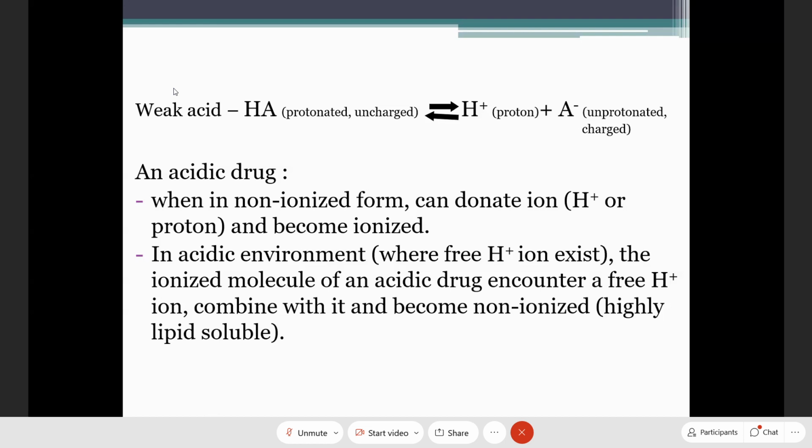So the ionized form will encounter the free hydrogen ions in the stomach and combine with them and become non-ionized. The non-ionized form is the one that can get across the membranes easily and be easily absorbed into the blood circulation.